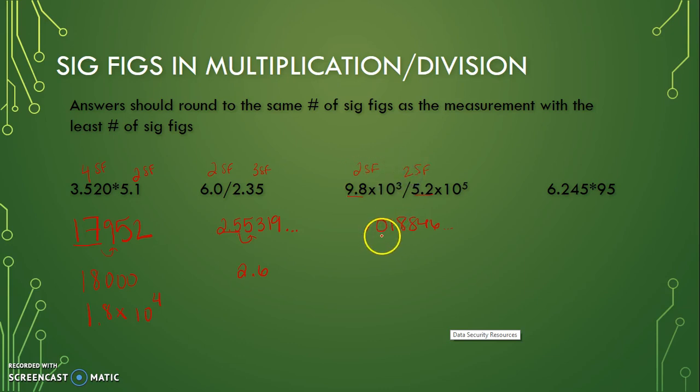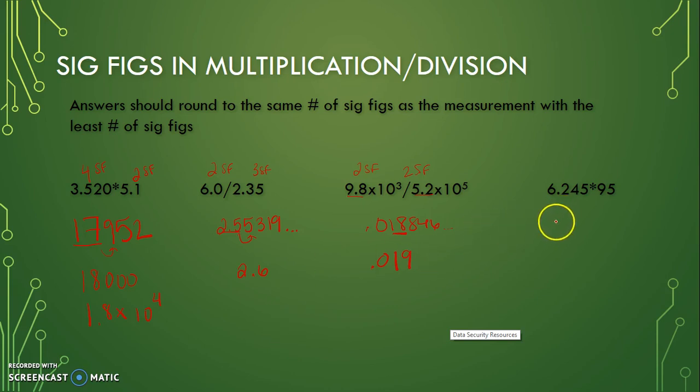Now this 0 is not significant. It's a number that's less than 1 with a decimal place. So you start counting from the first non-zero and go all the way to the end. So we're going to count these first 2 digits. We get to put 0.01, and then there's an 8 next to it. It'll bump it up to a 9. So 0.019 will be our answer for that one. That has 2 sig figs.